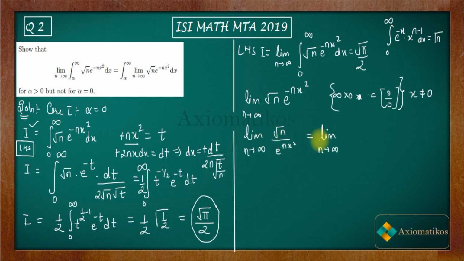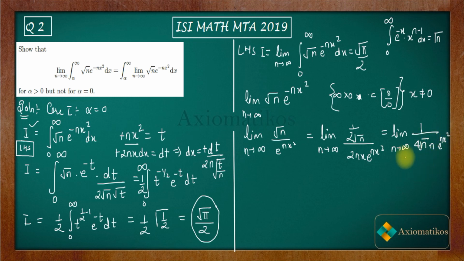So you will get root n, and after differentiating root n, you will get 1 by 2 root n. On the other part, you will get 2 n x e to the power n x square. Keep in mind that x is non-zero, otherwise I cannot do this.